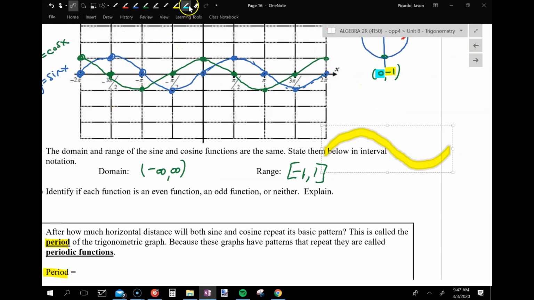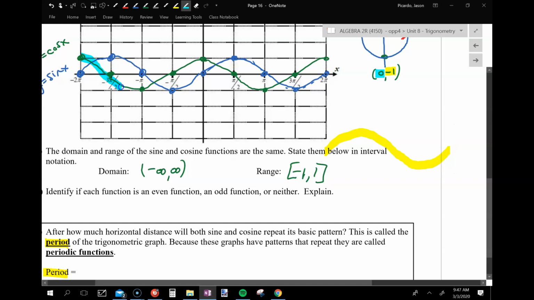Now, couldn't I have done the exact same thing on my cosine curve? Do you agree that my cosine curve looks like that? Do you agree that that's one cycle because I have a duplication of it right here? How much horizontal space did both of those require me to use? 2 pi, right?